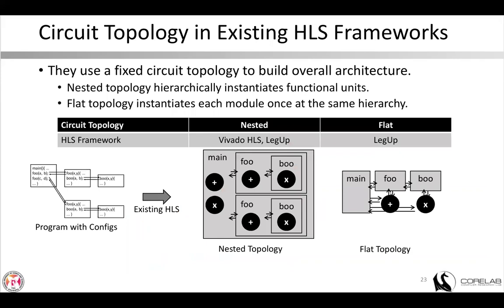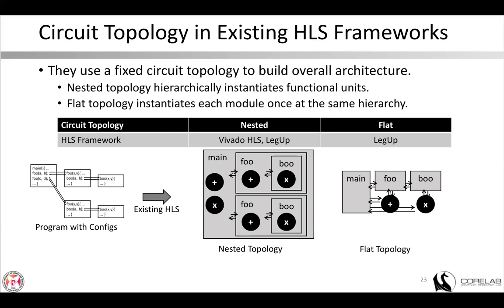Also, existing HLS has a fixed circuit topology and designs hardware in a fixed way. There are 2 main types of topology: nested and flat. Nested topology hierarchically instantiates functional units, and flat topology instantiates each module only once at the same hierarchy.